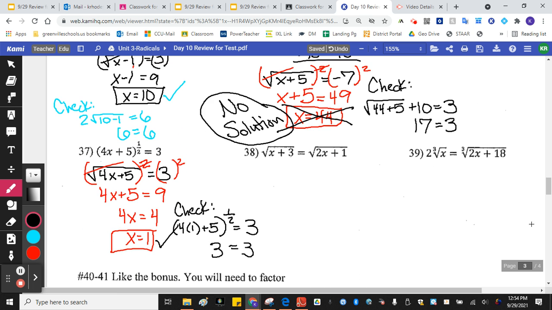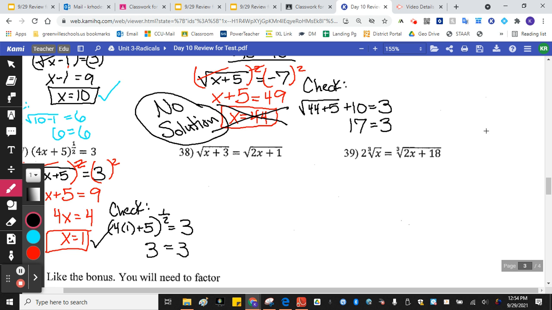That's like half, not square root. 1/2 is the square root. Oh, here? Yeah. Because remember from yesterday and last week sometime, the bottom is your root.